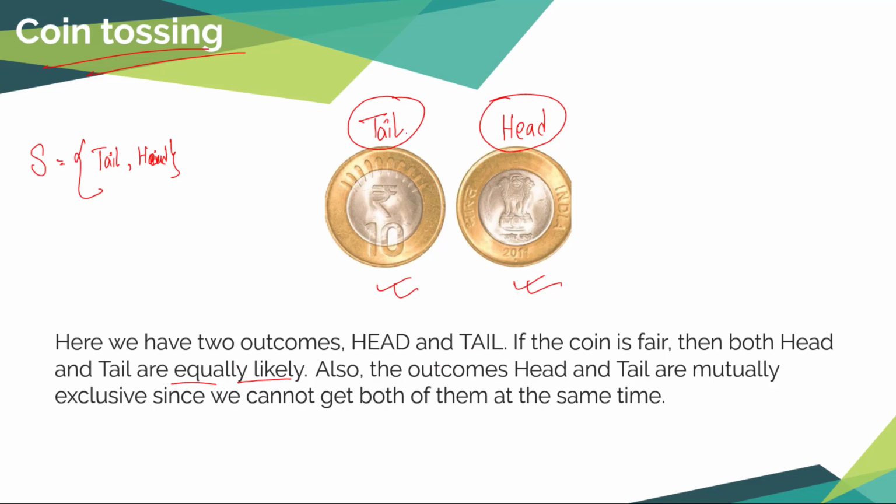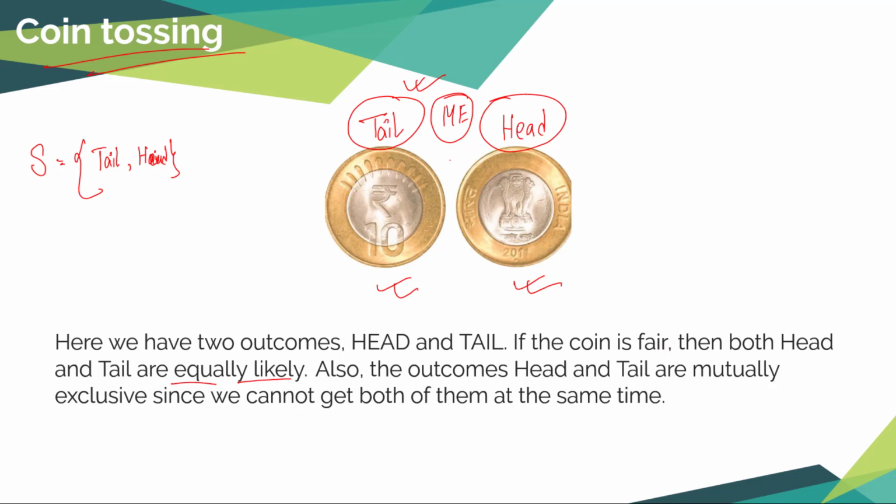And also, when I toss a coin and it flips and gets back to your hand, you will get only one outcome at a time, right? You cannot get head and tail simultaneously. The result will be either tail or head, right? So if only one can happen at a time, that means these two are mutually exclusive, right?